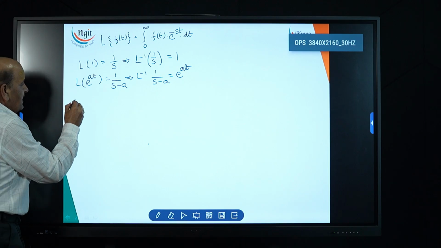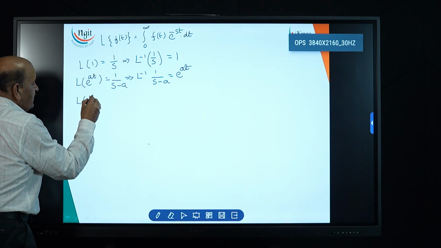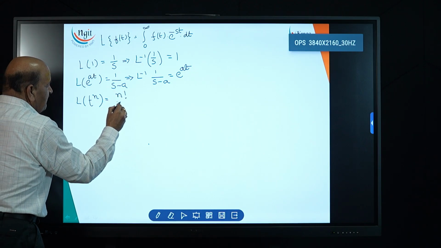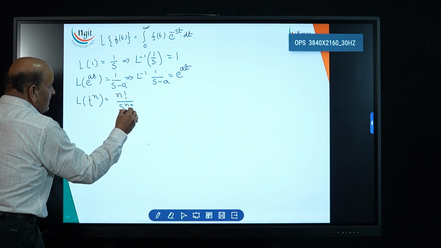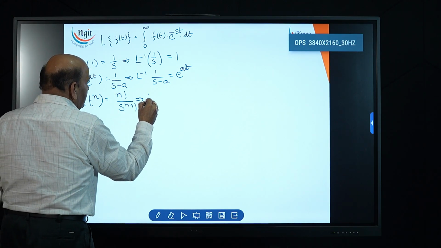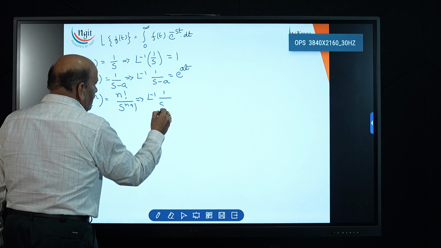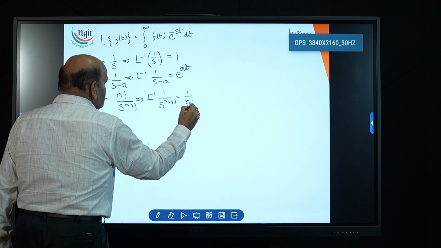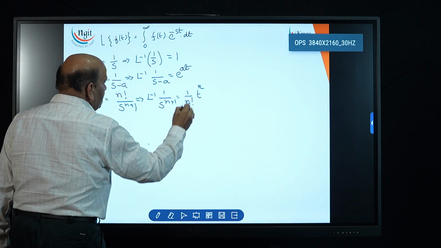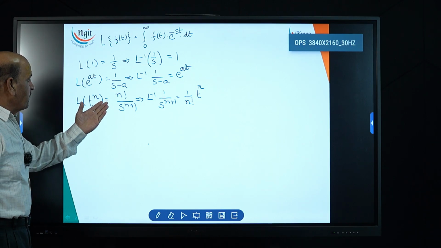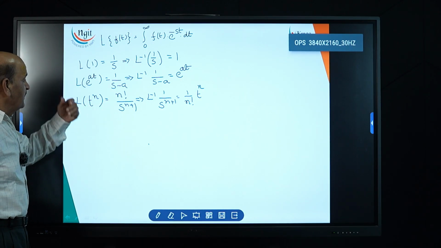Now, Laplace transformation of t power n, where n is an integer, is equal to n factorial by s power n plus 1. This implies the inverse Laplace transformation of 1 by s power n plus 1 is equal to 1 by n factorial into t power n, because n factorial is constant. Understanding?